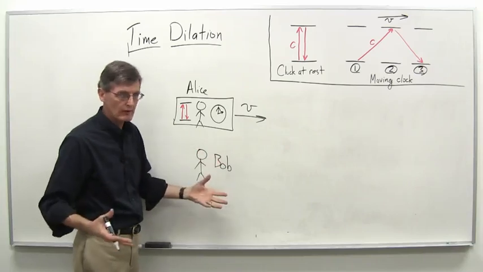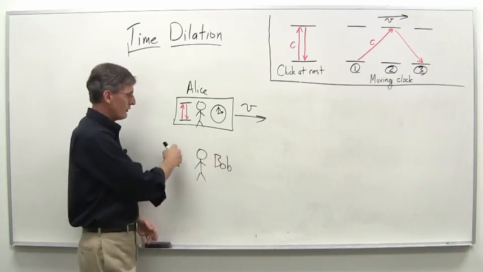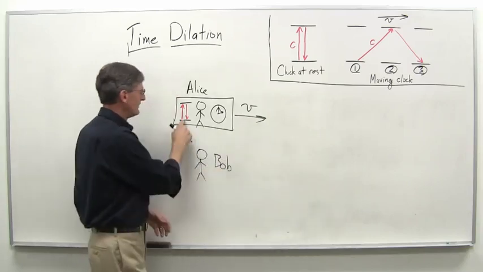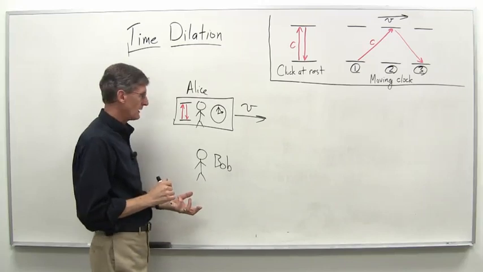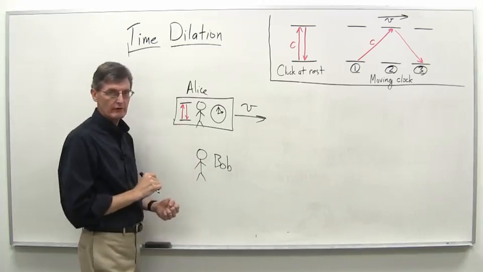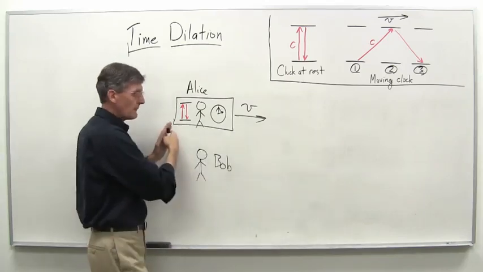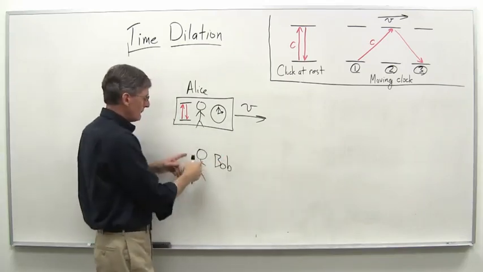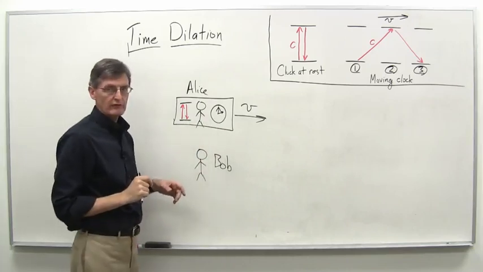Quote-unquote normal clocks will act differently, will act normally, say. So Bob takes a series of photographs. He sees Alice's clock ticking more slowly, okay, keeping time. Maybe there's a digital readout on that clock, which we compare to this clock, and takes a series of photographs. Therefore, as Alice goes by, Bob will have photographs that show these two clocks are getting out of sync with each other.